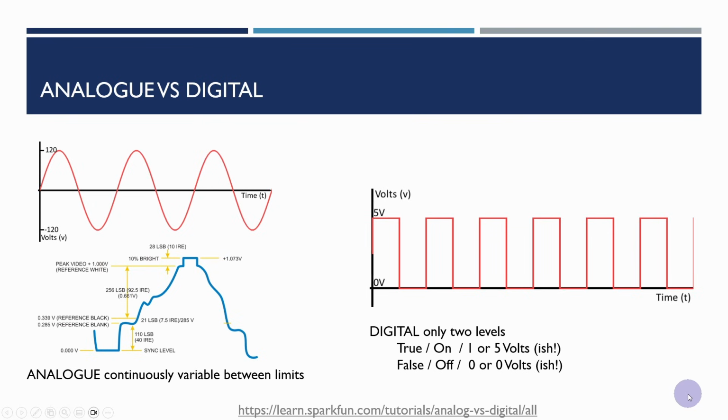Probably worth first of all just looking at the difference between analog and digital electronics. So analog electronics really deals with continuously variable signals between limits. So if we look at some sort of alternating current like this, at any point in time, the exact value of this will not be a discrete value. And in fact, this particular example down here is quite a good one.